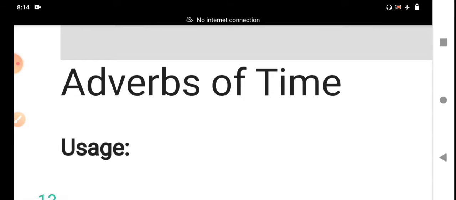Today the important topic is parts of speech. We already know there are 8 parts of speech in the English language. They are noun, pronoun, adjective, verb, adverb, preposition, conjunction, interjection.